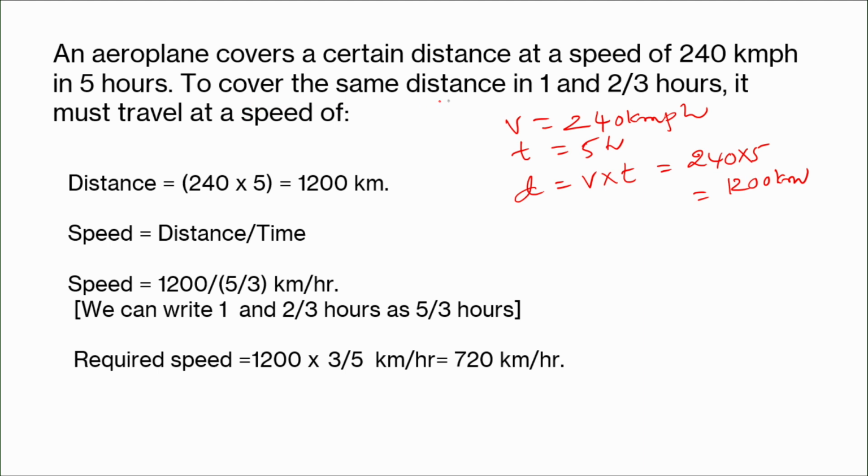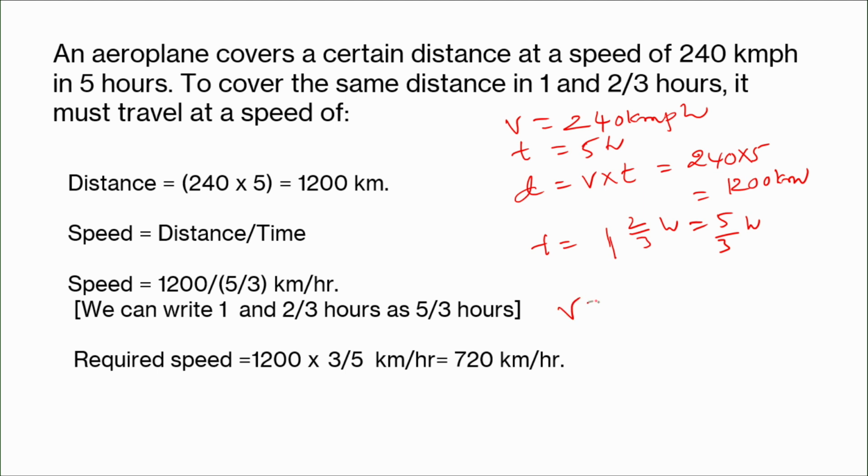Now to cover the same distance, means distance is 1200 kilometers and the time is given as 1 and 2 by 3 hours, means it is a mixed fraction. You have to convert it into an improper fraction. 3 ones are 3, 3 plus 2 is 5, means it is 5 by 3 hours. Time is 5 by 3 hours. Now you have to find the speed. Distance is 1200 kilometers, time is 5 by 3 hours.